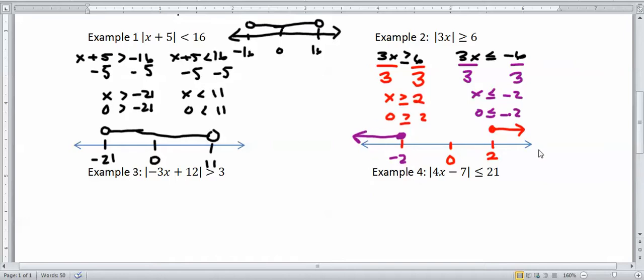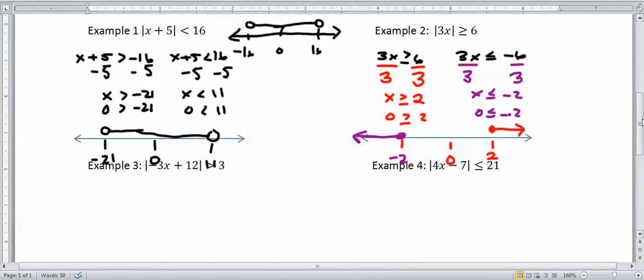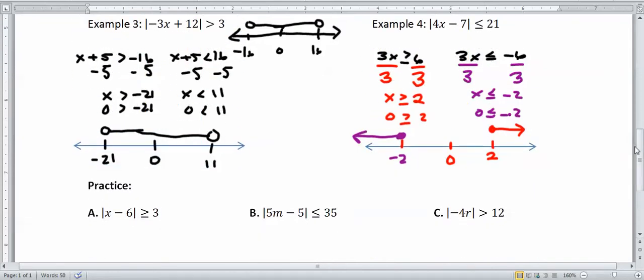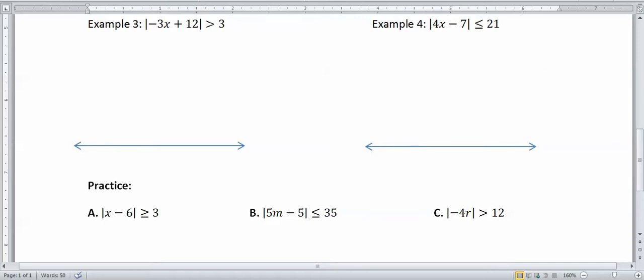Alright, so we have 2 more examples. We've got a greater than example and a less than or equal to example. Okay, so this first one, note I've got an inside of the absolute value, negative 3x plus 12 is greater than 3. Okay, so I'm going to practice again with my number line up here.